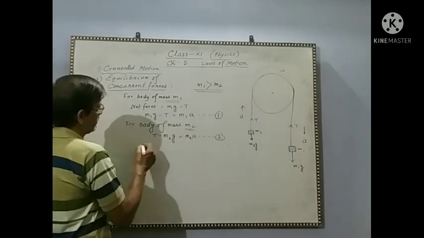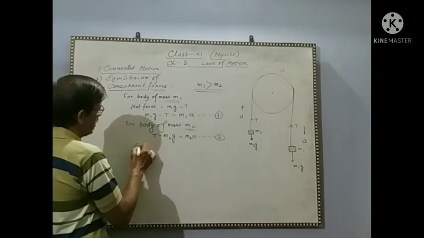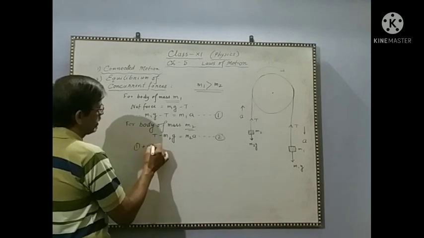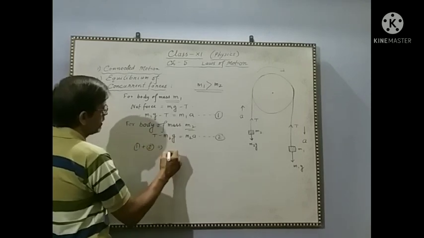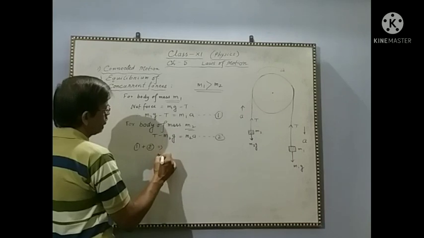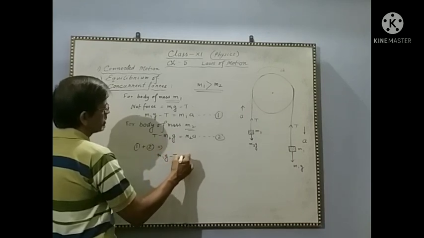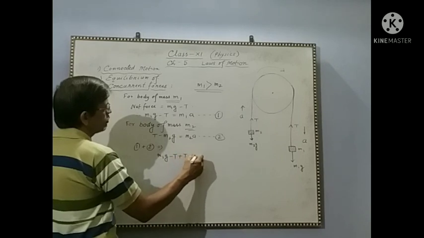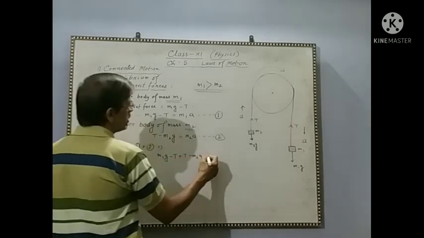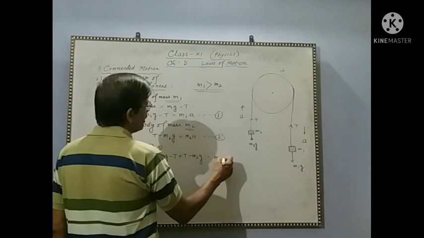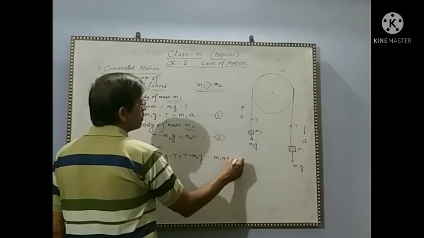Now you add 1 plus 2. M1G minus T plus T minus M2G equals M1A plus M2A.